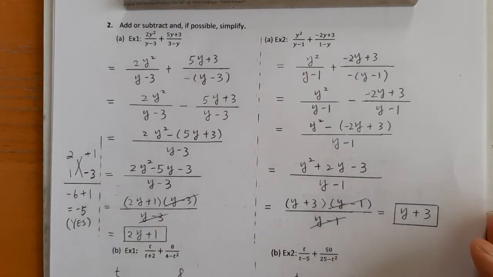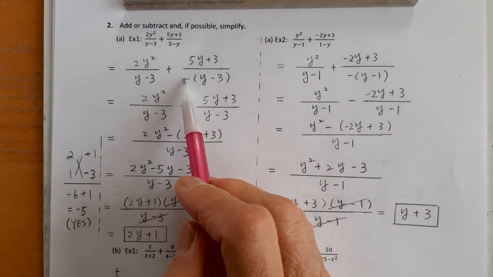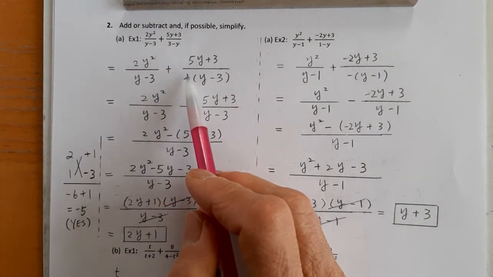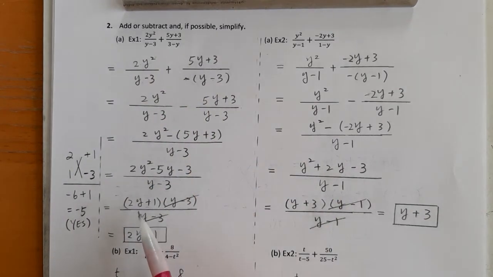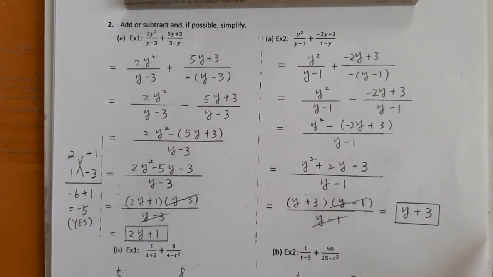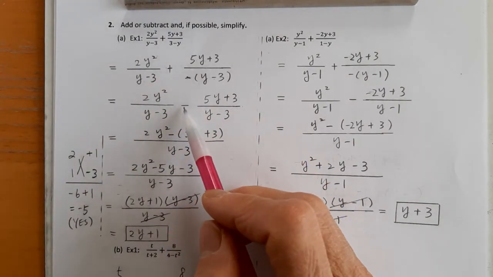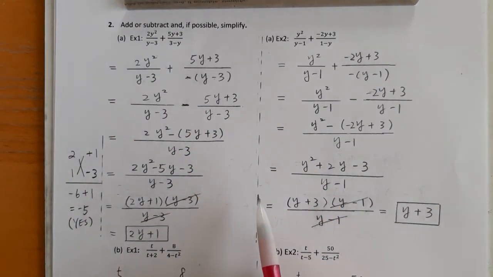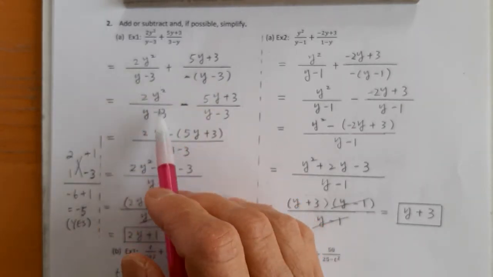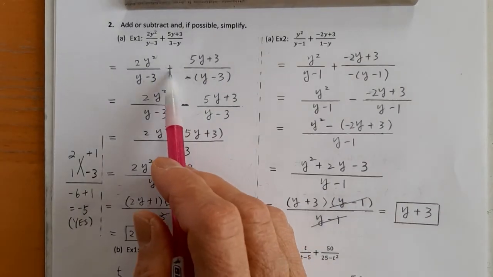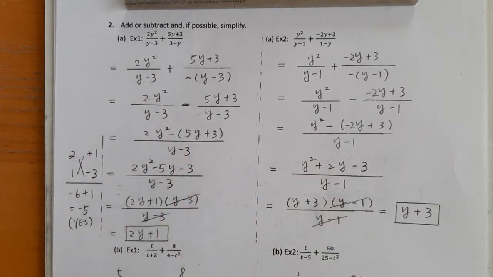So 3 minus y changes to negative, parentheses y minus 3. And this negative times positive becomes minus. The others stay the same, just this plus changes to minus, become negative.